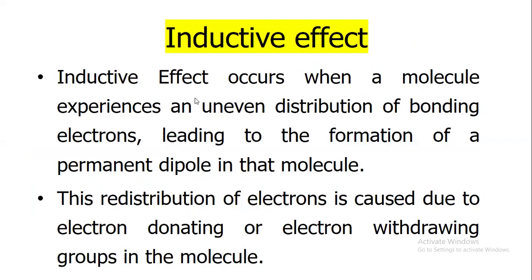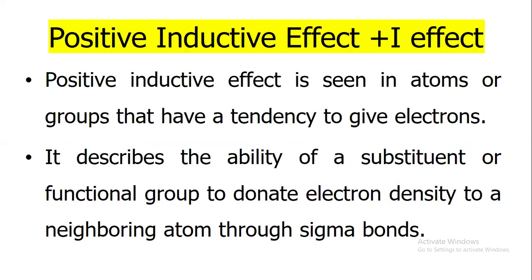Inductive effect occurs when a molecule experiences an uneven distribution of bonding electrons, leading to the formation of a permanent dipole in that molecule. This redistribution of electrons is caused by electron donating or electron withdrawing groups in the molecule. Positive inductive effect is seen in atoms or groups that have a tendency to give electrons.